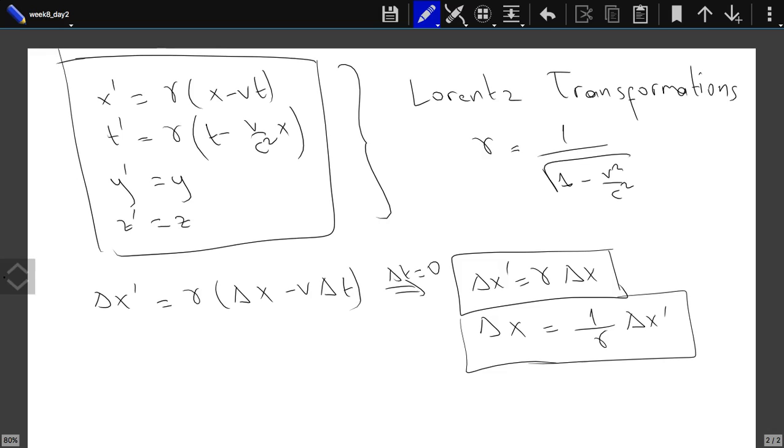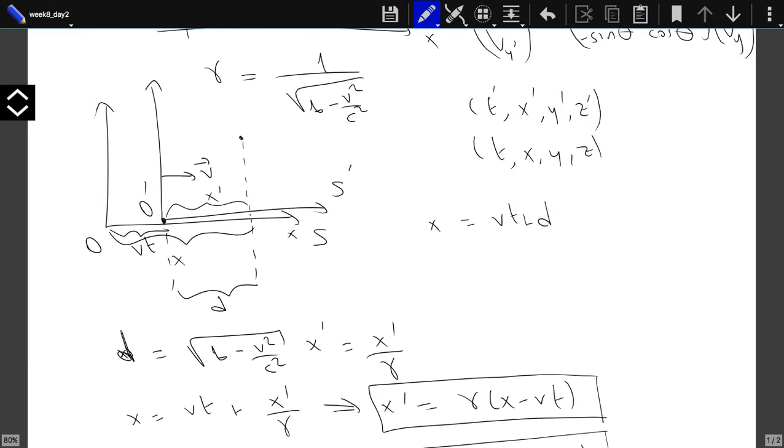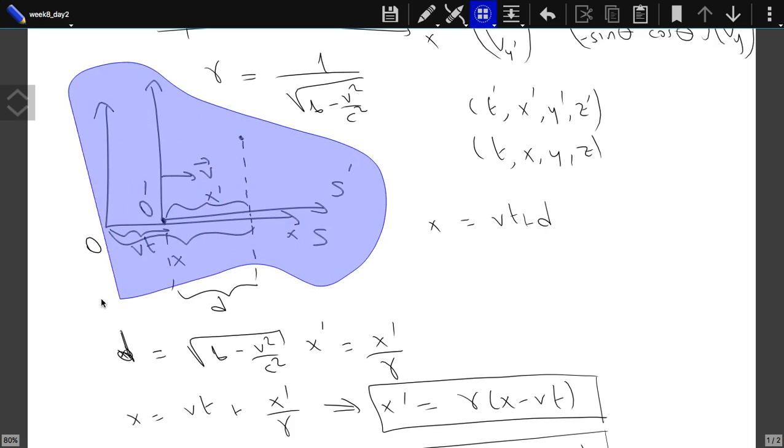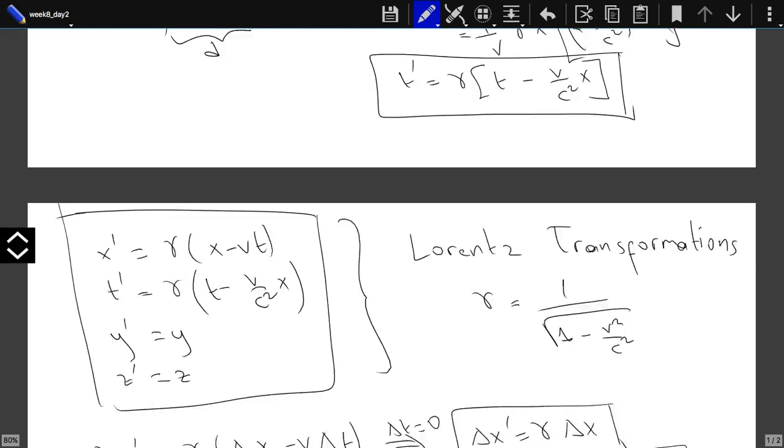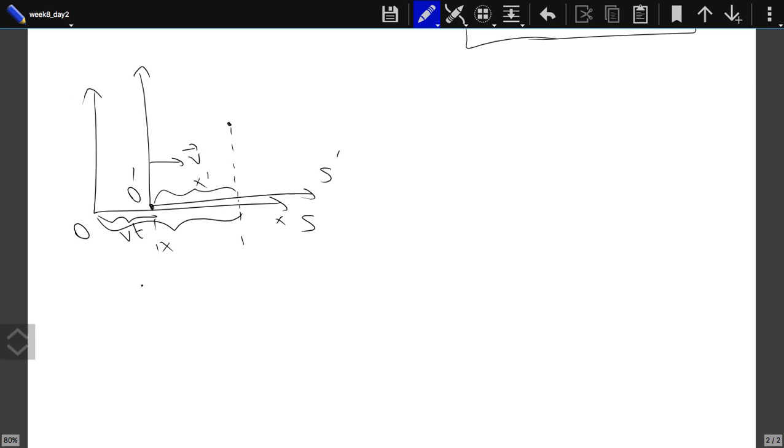Now, you tell me, what are we trying to measure? What are we trying to compare? So this is our system. Let's say we have an object that is at rest in the S prime reference system. In which reference frame are we measuring its length? In the S prime system or in the S system?